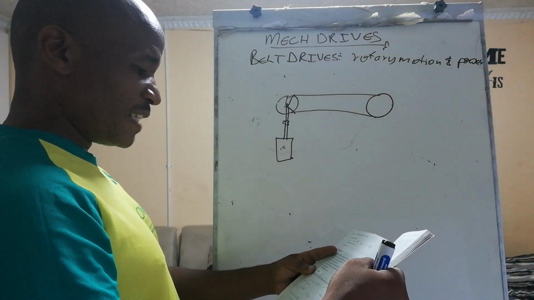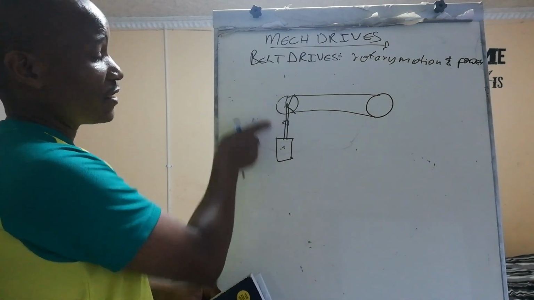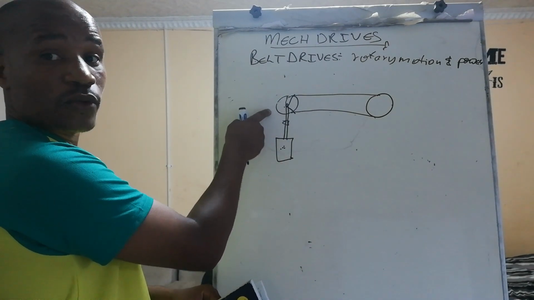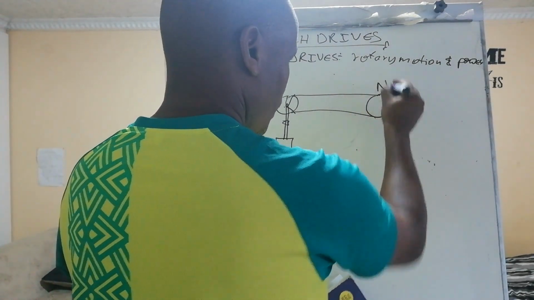If the speed of the driven pulley, this one, N, is equal to 500 revs per minute. The one attached to the motor gets power from there, so it is the driver. The driven is this one.